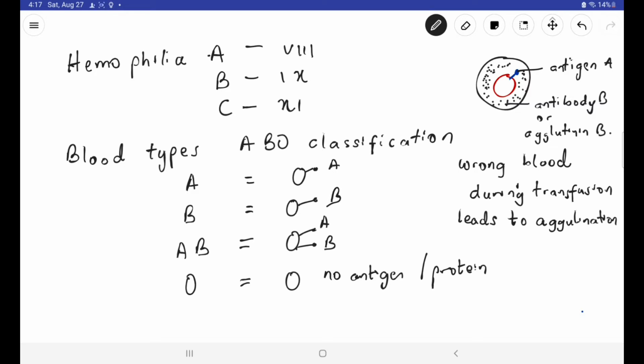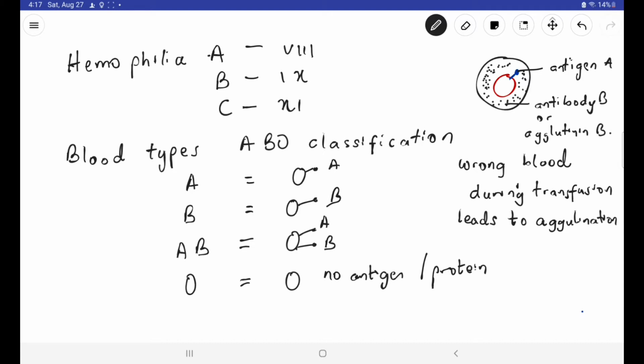Now, before we begin to discuss blood types, let's discuss a disorder referred to as hemophilia. Now, there are three types of hemophilia. There is hemophilia A, hemophilia B, and hemophilia C. Hemophilia A is caused by the absence of clotting factor 8, while hemophilia B is caused by the absence of clotting factor 9, and hemophilia C is caused by the absence of clotting factor 11.